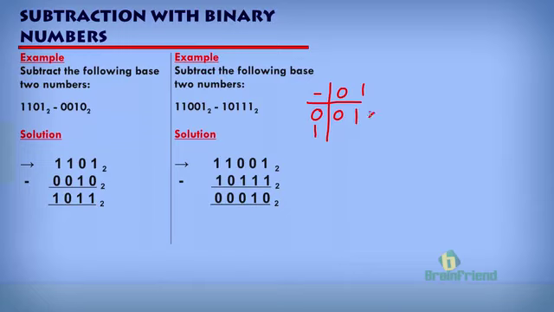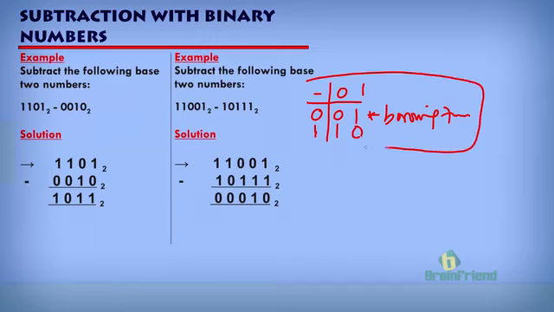And remember, in this point, we are borrowing. You're not carrying over. You are borrowing from the more significant bit that is on your left-hand side. Also, 1 minus 0 is 1. 1 minus 1 is 0. So these are our rules. You can quickly put down somewhere so we don't forget.